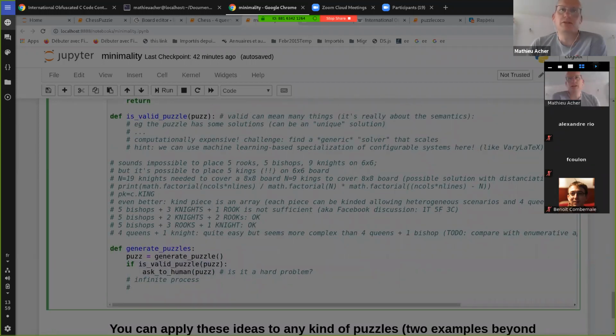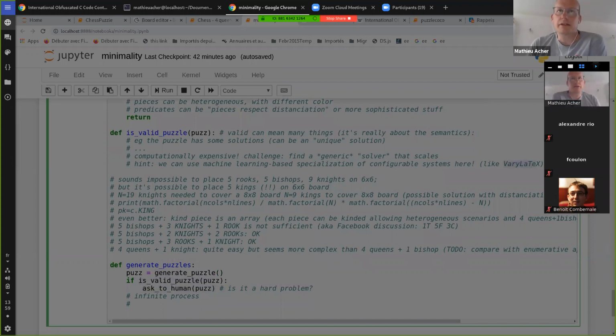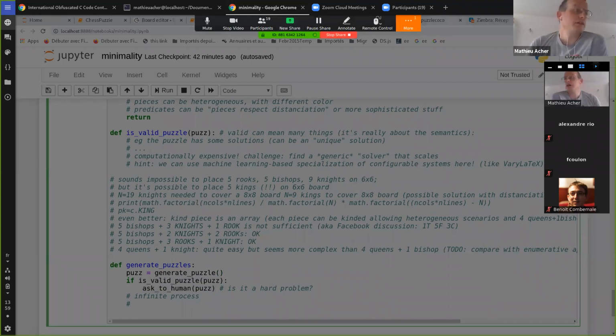So it's really close, for instance, to LaTeX, when you want to find a PDF that is valid, but also aesthetic, that does not alter the content. And here only a human can do that. So that's quite interesting.